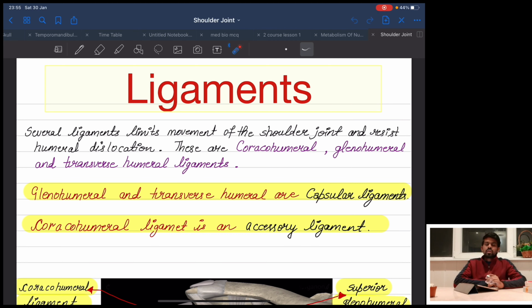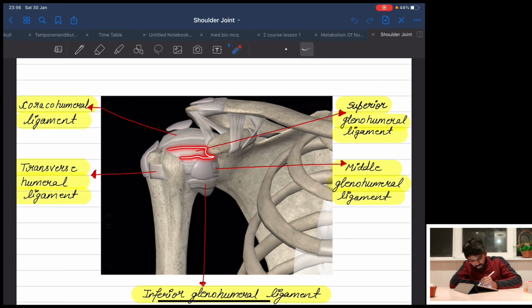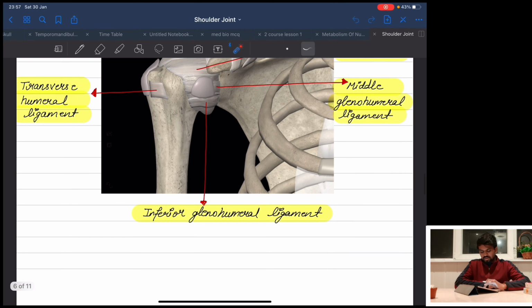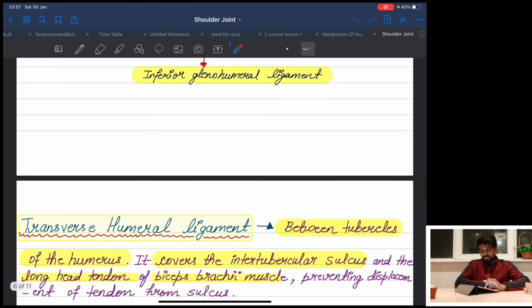How many? Three. Firstly, the superior glenohumeral ligament. Secondly, the middle glenohumeral ligament. And the last is the inferior glenohumeral ligament. This is the superior, this is the middle, and lastly the inferior glenohumeral ligament. We will study the details of these ligaments.